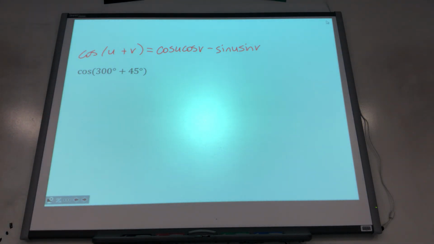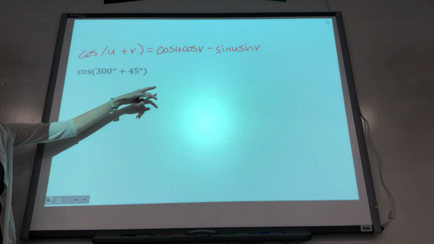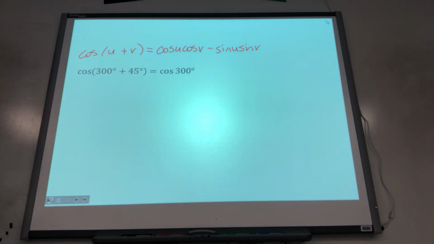So again, u is 300, v is 45. I want to take cosine of 300 times cosine of 45 minus sine of 300 times sine of 45. Now you found all these numbers earlier. They're just in a different order.